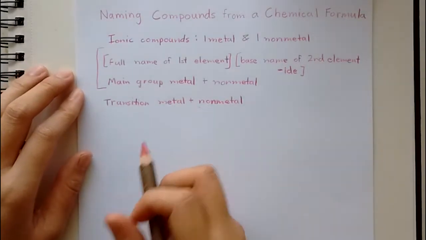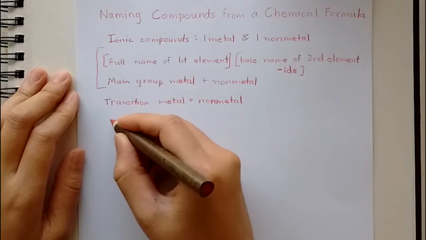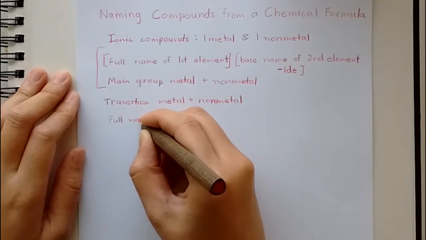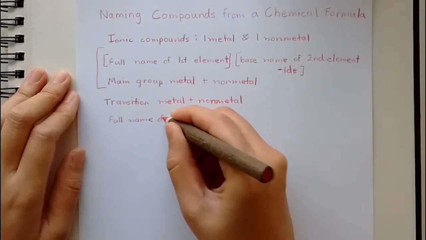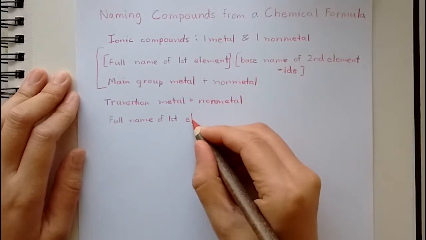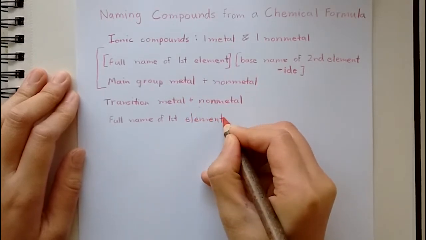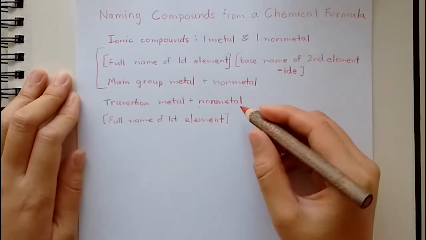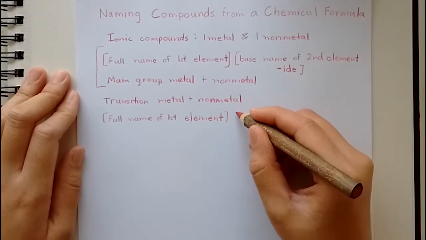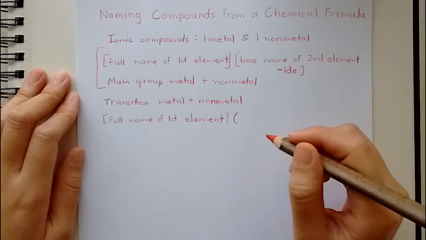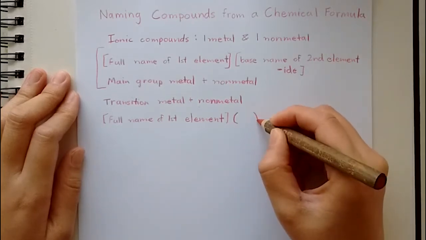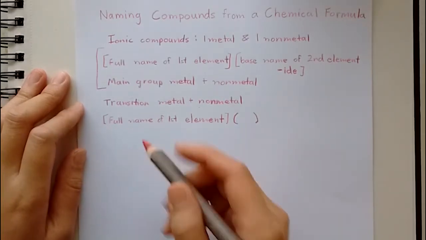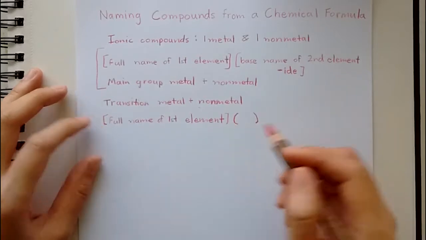All right, so to name a transition metal, the rule is, the first part is the same. You write the full name of the first element, okay, so you have the name there. Now it changes here. In parentheses, you will add the charge of the transition metal, so whatever that is. The names are not written in brackets. I'm showing here so that you know that these are separate words.